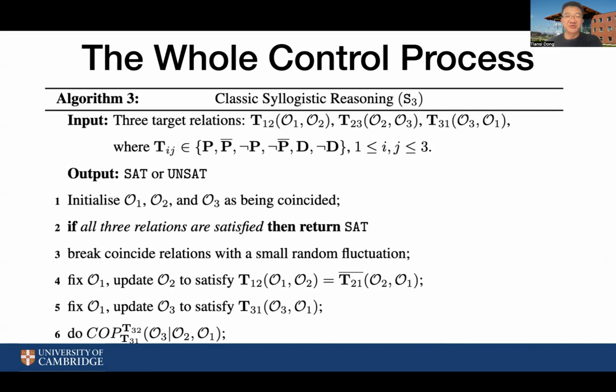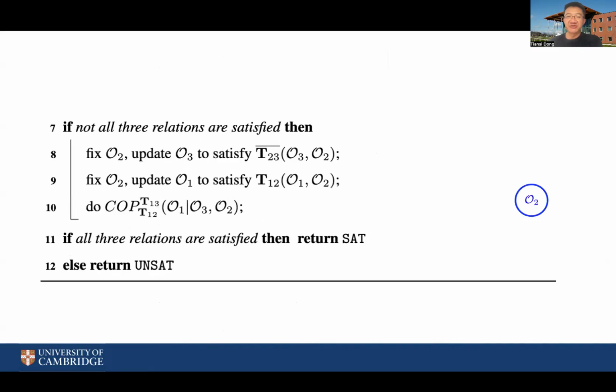Then we randomly choose one, say the first sphere, fix it and update it, create O2 without a constraint, and the same to create sphere 3. Then we do a constraint optimization to see whether this can be realized. If yes, we find a model. If not, we need to restart the process by fixing another sphere and repeat the process.